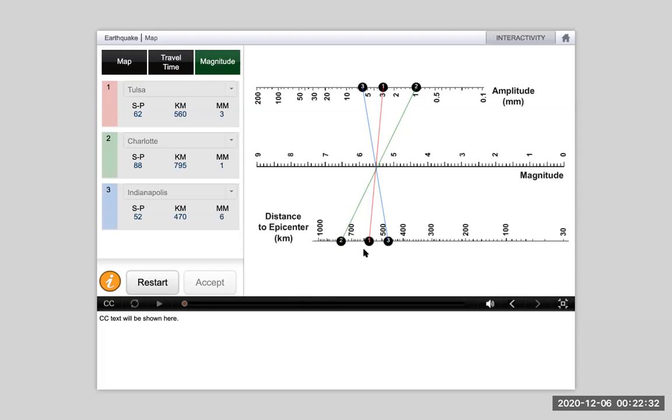One screenshot of the magnitude calculation, and then one screenshot of your epicenter plotted on the map. I can't go back to that now, but when you're there, screenshot the map showing the epicenter and screenshot the magnitude calculation as we see here on the screen. All right, I hope that was helpful for you, and good luck with this.